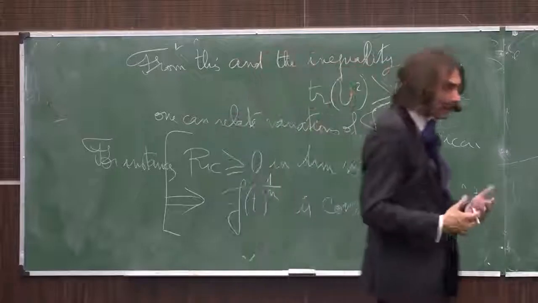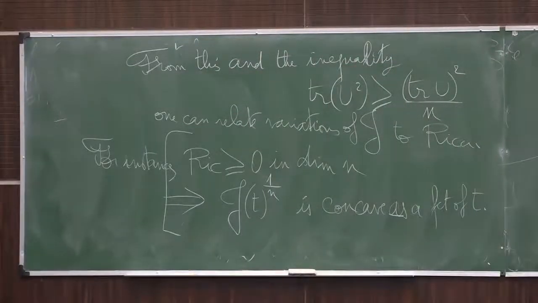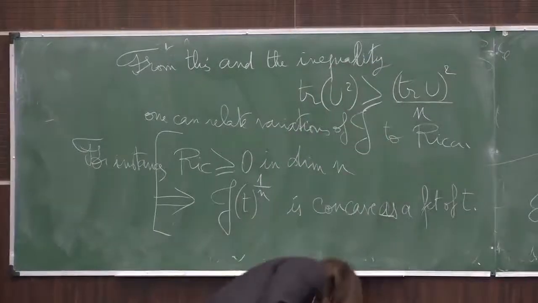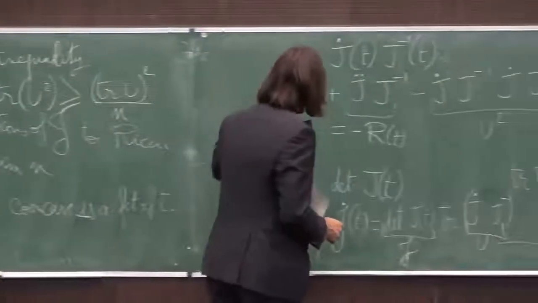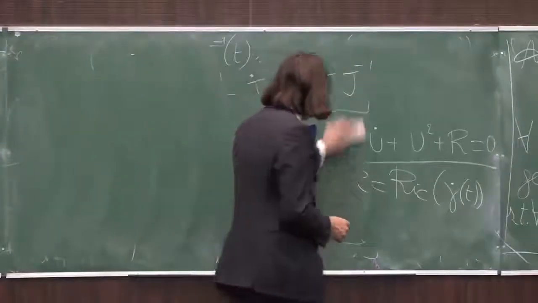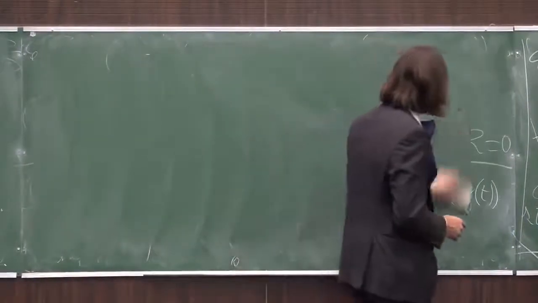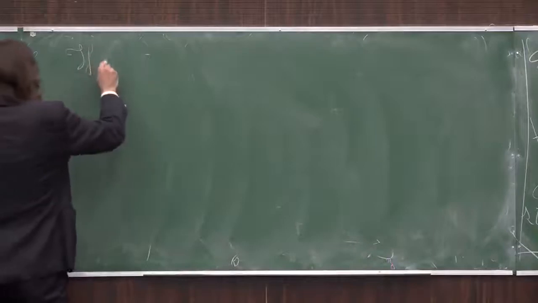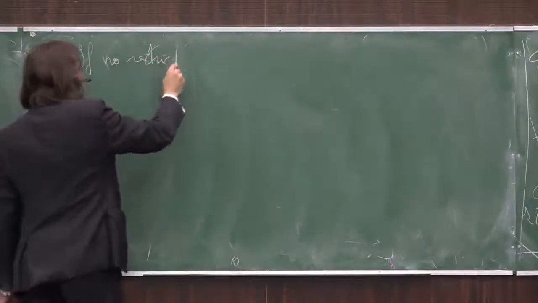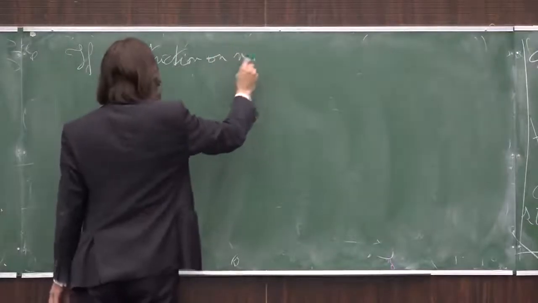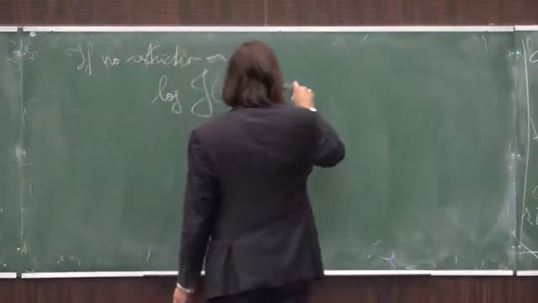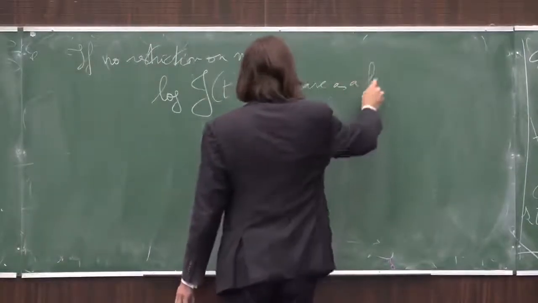So here we have this differential evolution of the Jacobian determinant depending on the Ricci curvature. Also, if no restriction on n, if we don't know what n is, we can always say that logarithm of J of t is concave as a function of t.